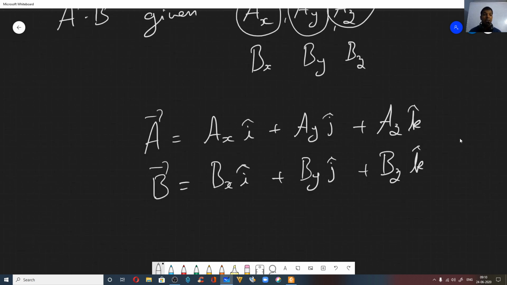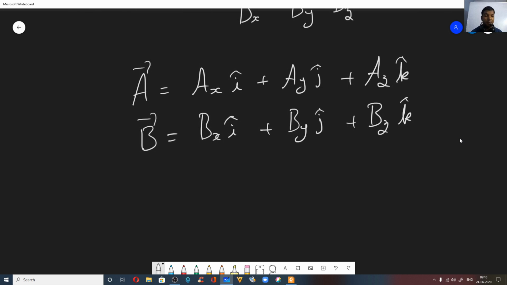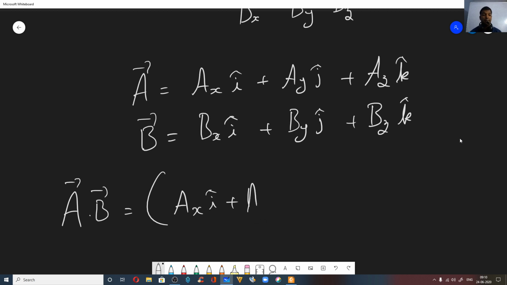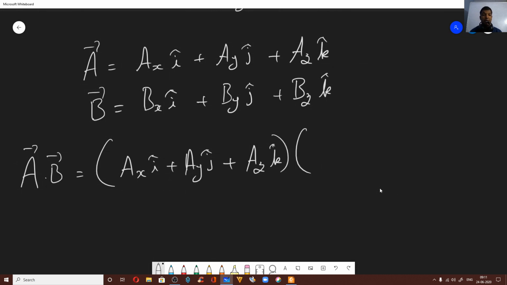Now if you do the dot product, a dot b, we'll write it like this: (ax i cap plus ay j cap plus az k cap), then open another bracket, (bx i cap plus by j cap plus bz k cap).